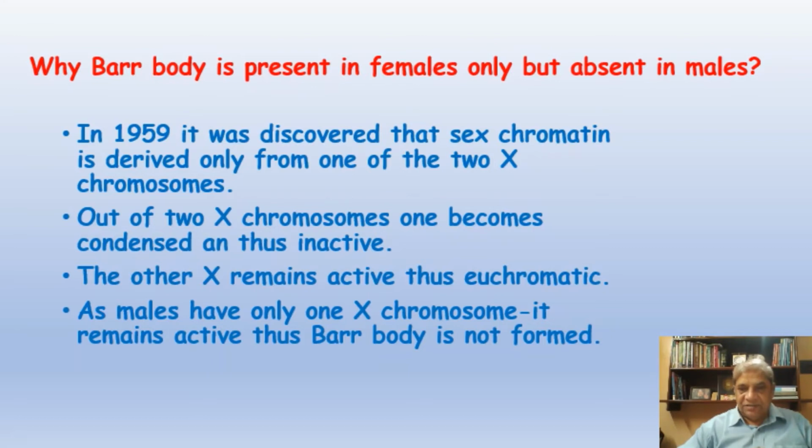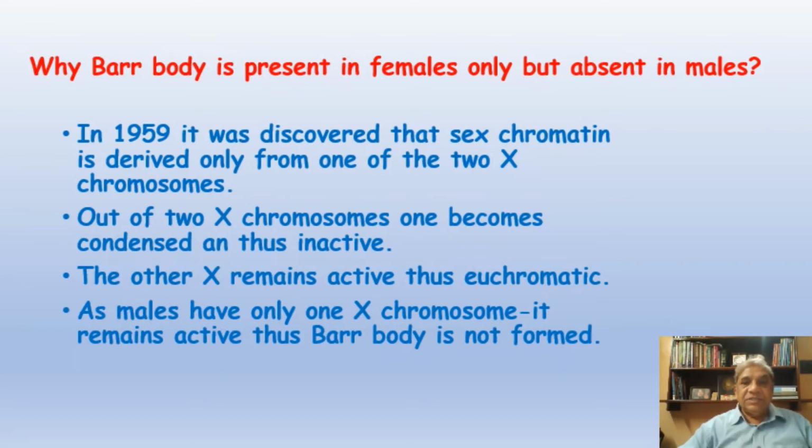That was told in 1959, that out of two, one of the chromosomes is inactive, and that's why it is condensed, and thus it is attached to the inner surface of the nuclear membrane in the form of the Barr body. The other X remains active, thus it is euchromatic. It is expanded, and the genes present on this X chromosome are constantly active. The other one is condensed, hence it is inactive. So genes are not active on the X chromosome which has formed the Barr body.